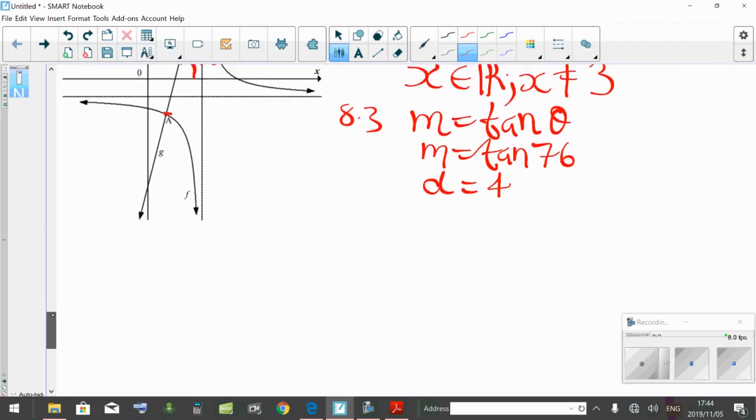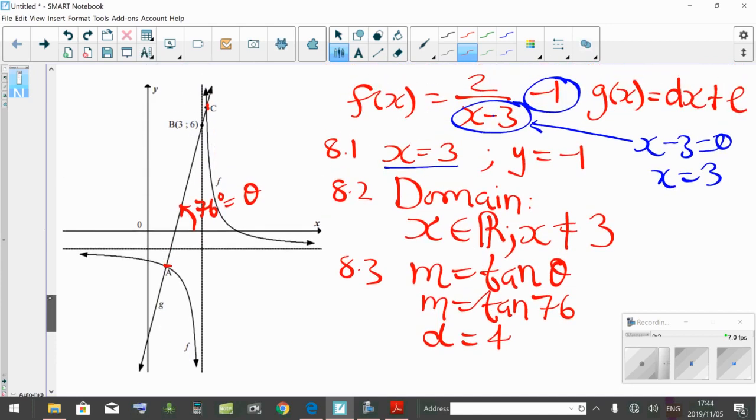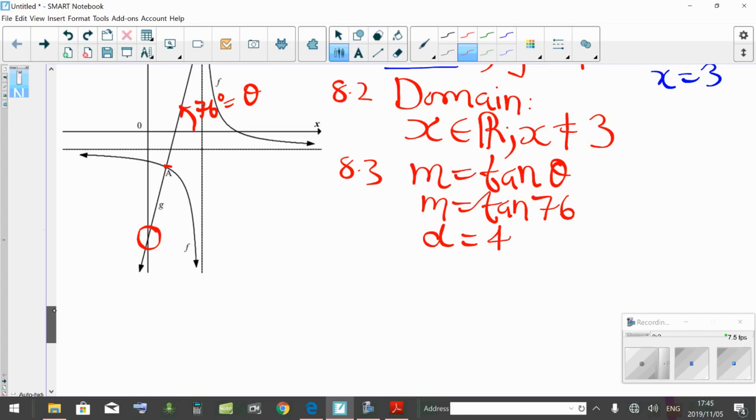So from here now, we look for an additional point which we can use. And if you analyze your graph, you will see that our straight line passes through the point B is 3, 6. We are going to use that point to calculate the y-intercept, which happens to be that point there, where the line cuts the y-axis.